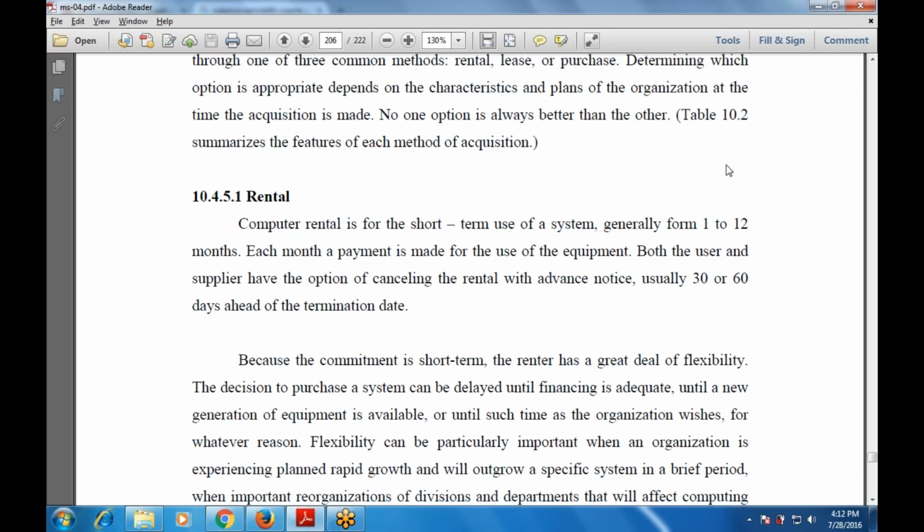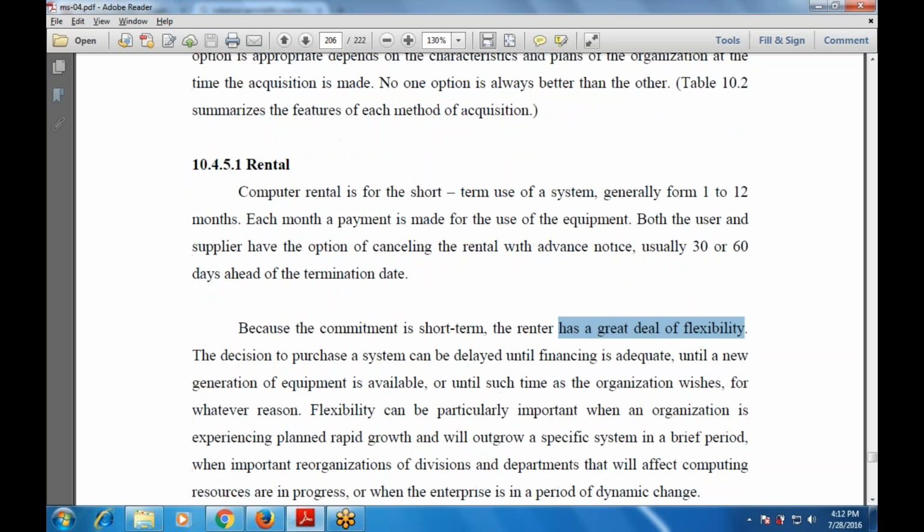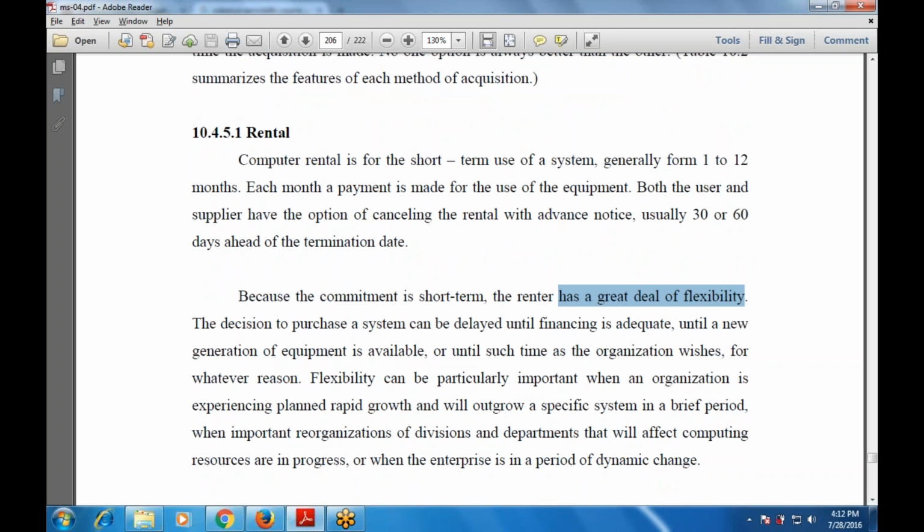So they have the option of cancelling the rental with advance notice, usually 30 or 60 days ahead of the termination date. And because the commitment is short-term, the rental has a great deal of flexibility.